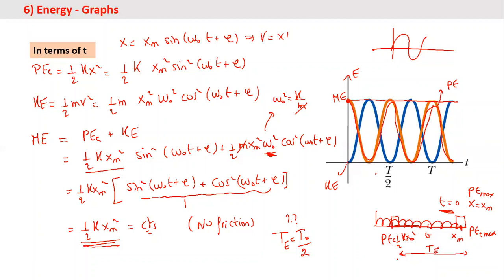But we already know that the proper period of the oscillation is a back and forth. So it must do a back and forth for me to talk about the proper period. If we compare them, we notice that the period of the energy is half the period of the oscillation, meaning half the proper period. So this is a remark.